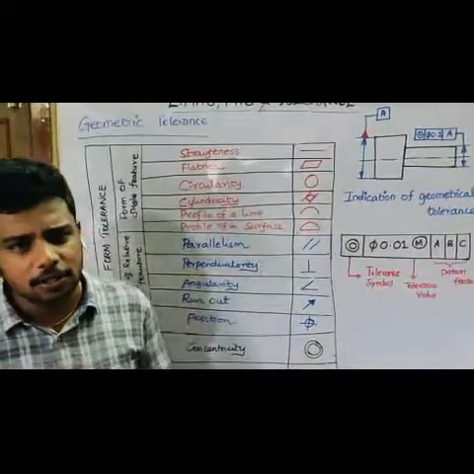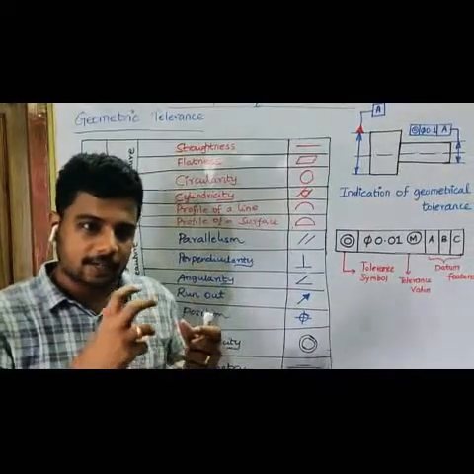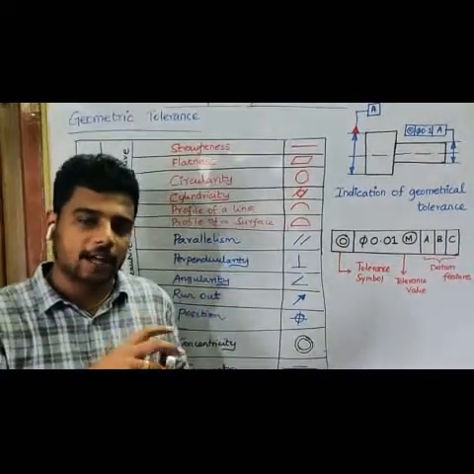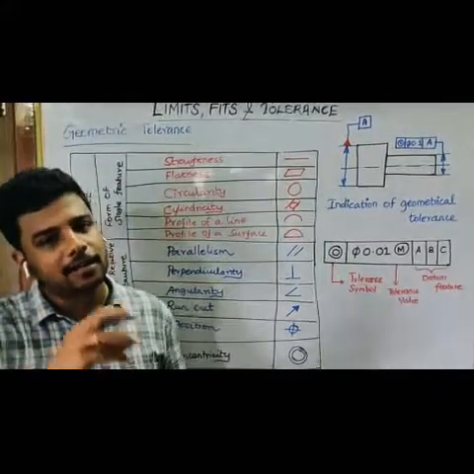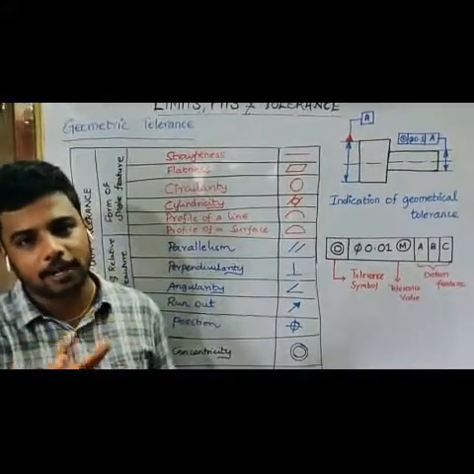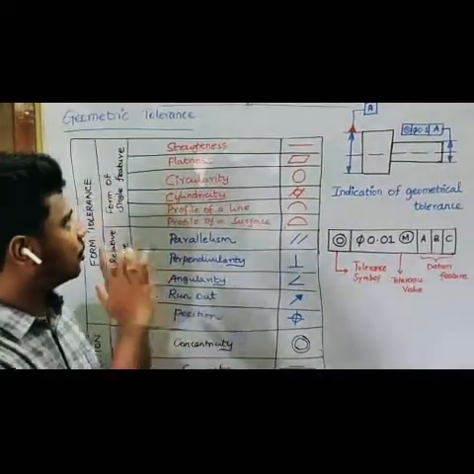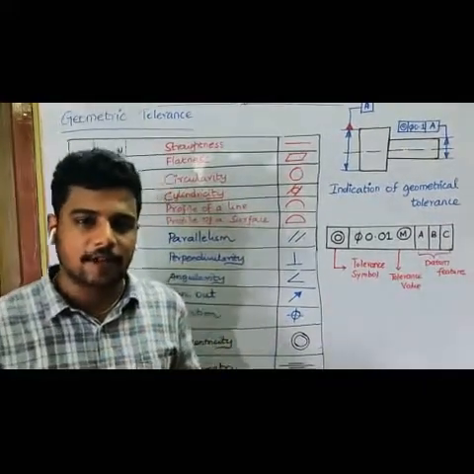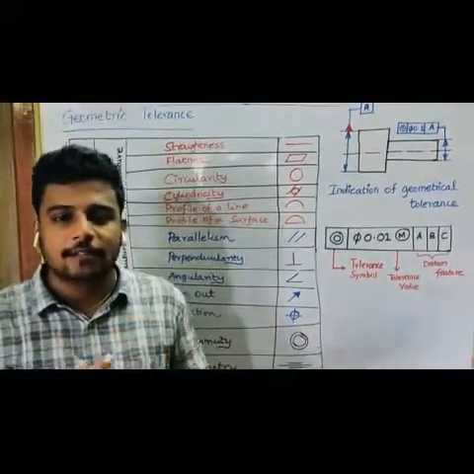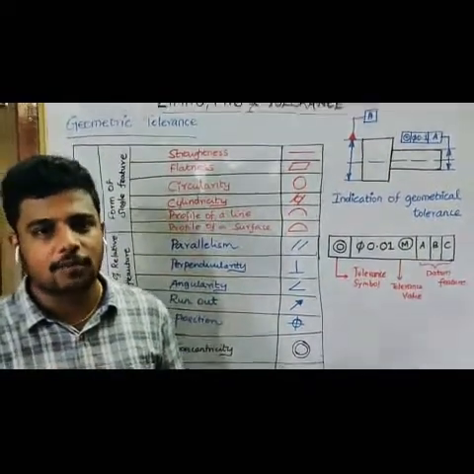In dimensional tolerance, for a particular feature we can give the dimensions, but those dimensions cannot be achieved exactly, so we give tolerance in values, that is the plus and minus region, called unilateral and bilateral tolerances. In the same way, in geometrical tolerances, instead of giving dimensional values, we give some shape and different properties as geometrical tolerances.